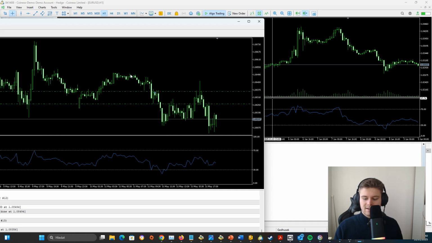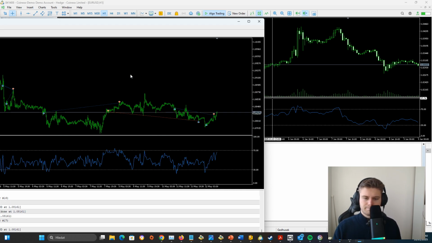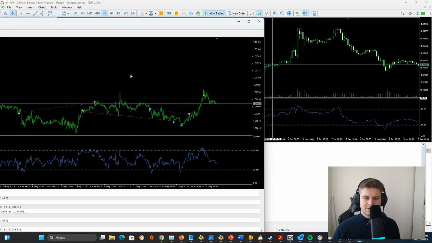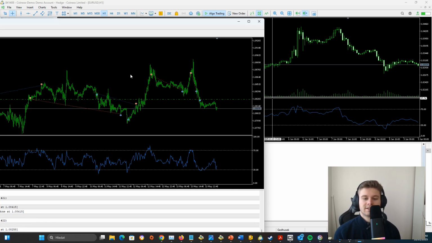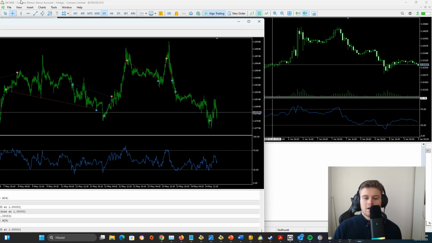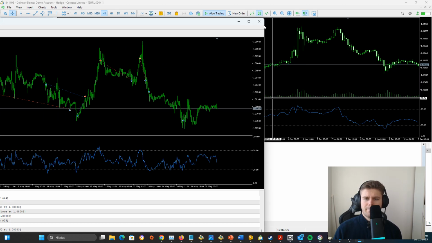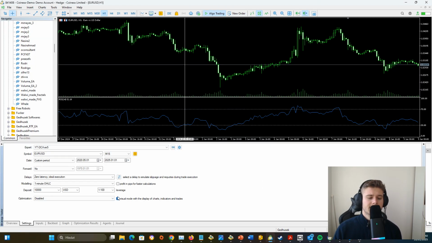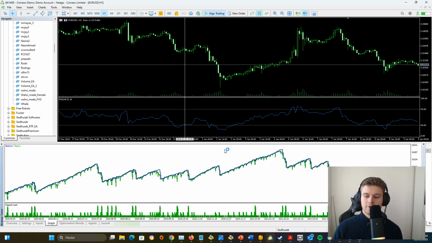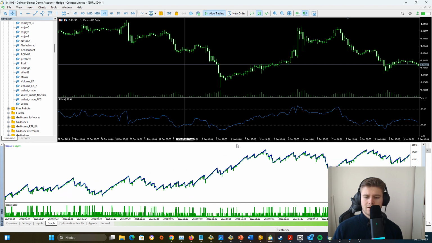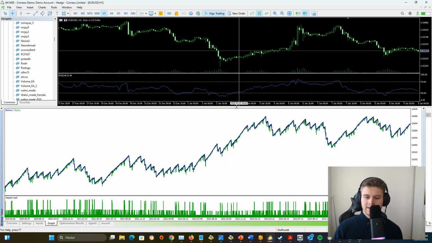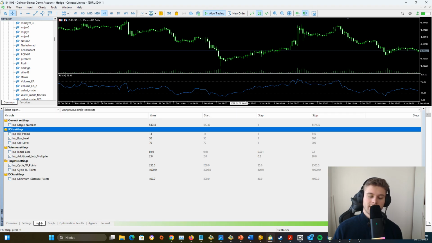So let's just speed this up a bit, or no, let's not. Let's just wait. Yeah, so this is how it works. Yeah, this seems nice. We can test this without the visual mode just to see how it can perform. Yeah, and this is not bad. Usually, most EAs that use DCA don't incorporate the stop loss.